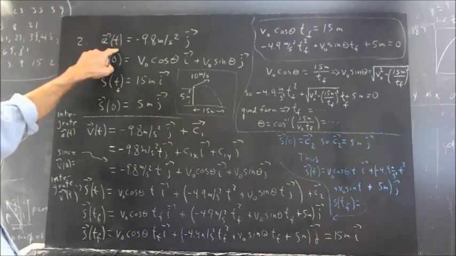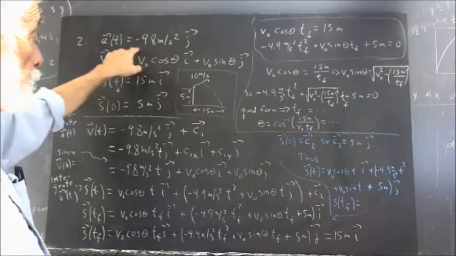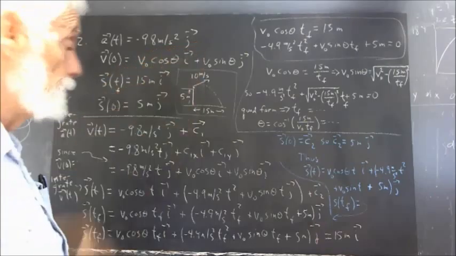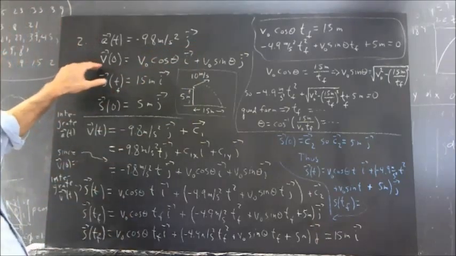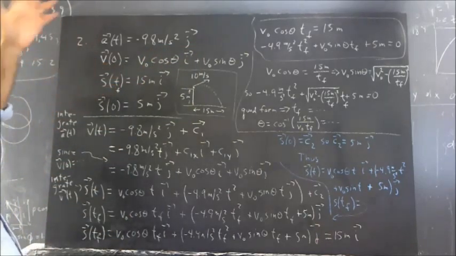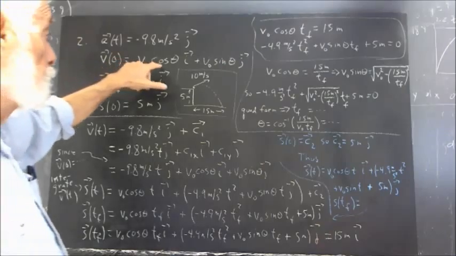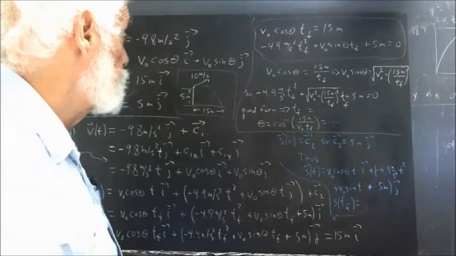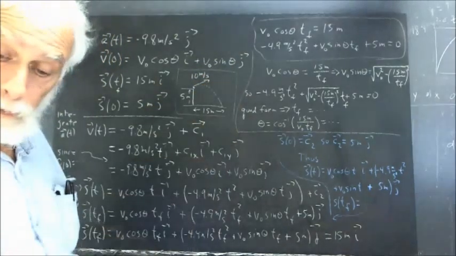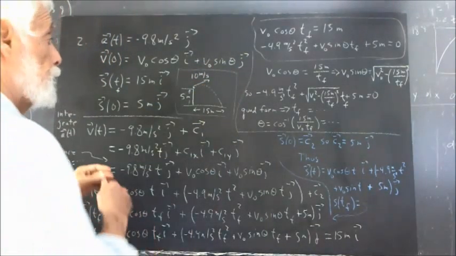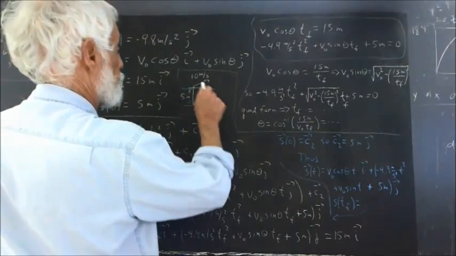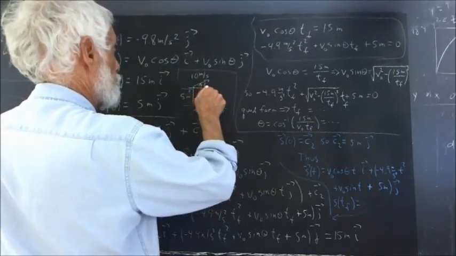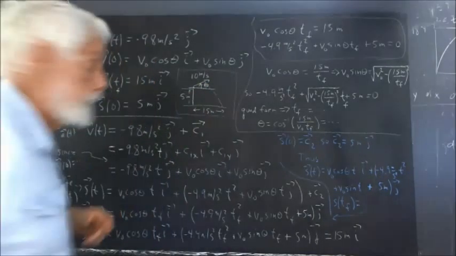We know the acceleration is just that of gravity, negative 9.8 meters per second squared times j. The initial velocity is what? Well, it's v naught cosine theta times i plus v naught sine theta times j, where theta is your angle of inclination. And we could add that to our picture here. So there's our theta.